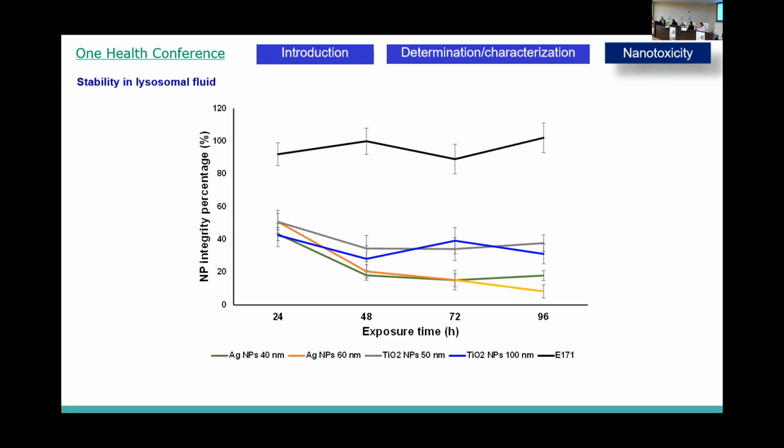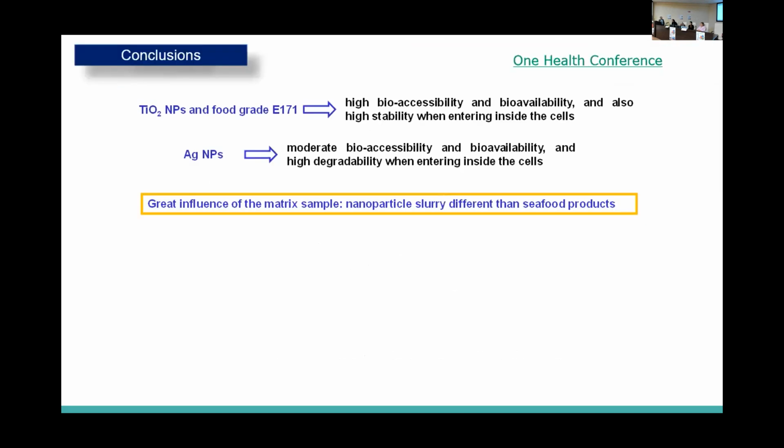So we can assume that there is more degradation inside the cell in the case of silver nanoparticles, and moderate in the case of titanium dioxide nanoparticles. So, as conclusions, we can say that titanium dioxide nanoparticles are highly bioaccessible and highly bioavailable, and also that the stability under lysosomal conditions is very high.